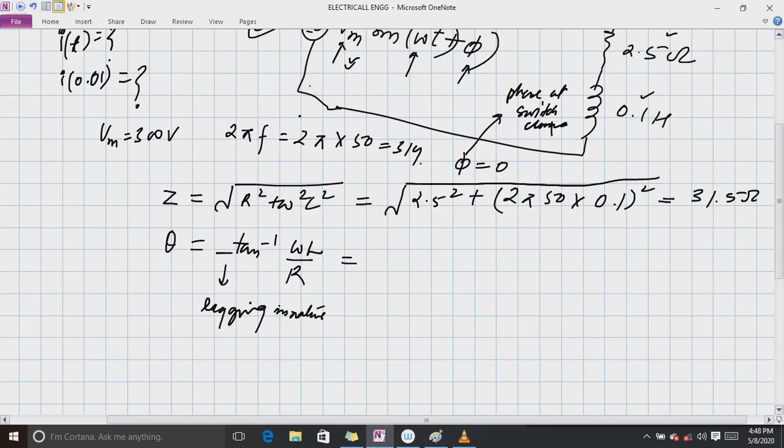So minus tan inverse of 314 into 0.1 divided by 2.5. When you solve this you will get 85.45 degrees. That will be the value of theta.